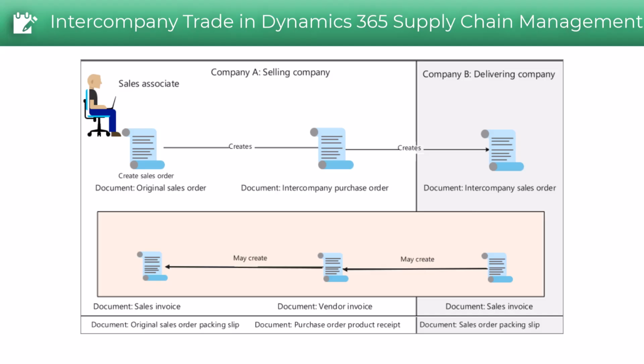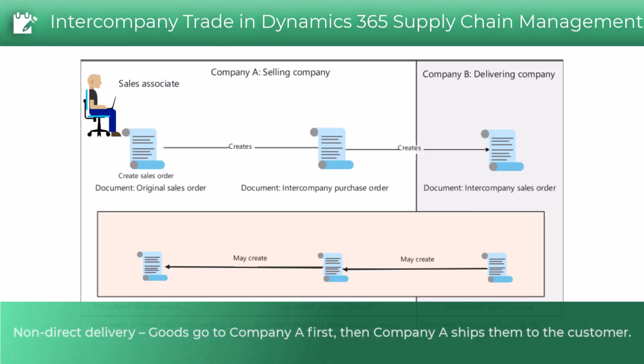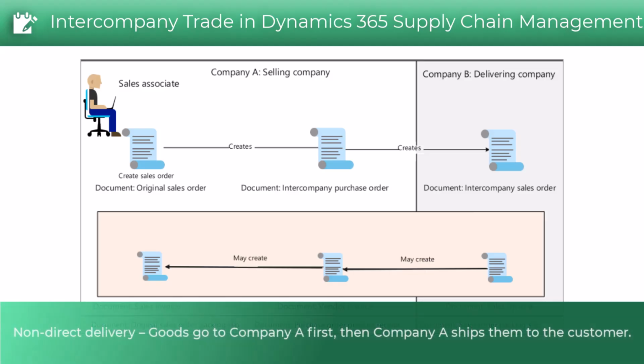Let me discuss direct and non-direct delivery. I already discussed it earlier, but let me clarify if you haven't understood yet. There are two possible flows: non-direct delivery and direct delivery. In non-direct delivery, goods go to company A first, then company A ships them to the customer.